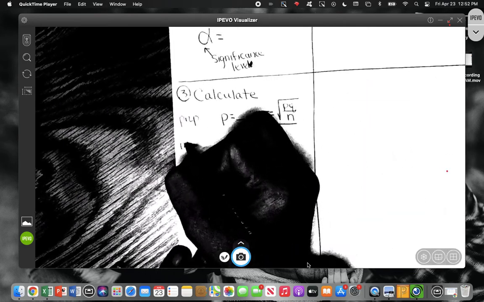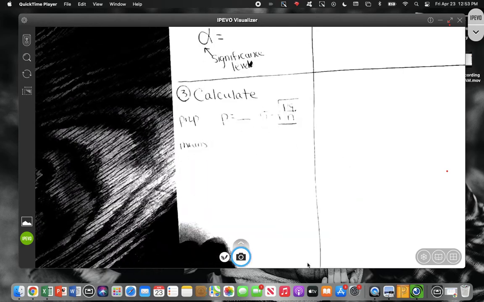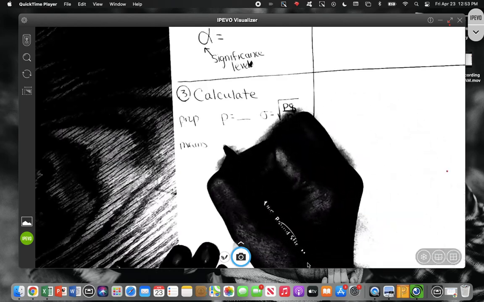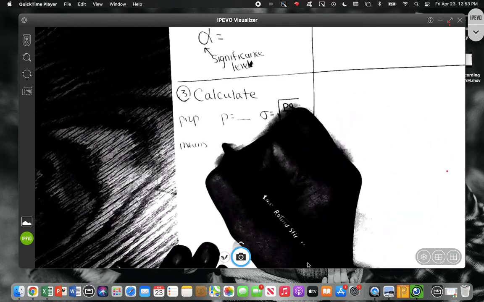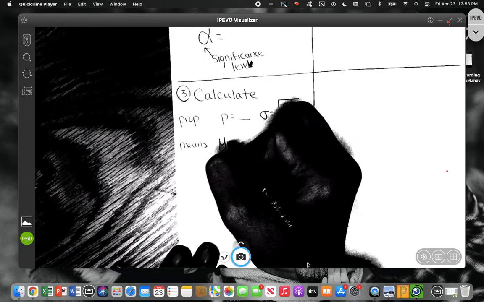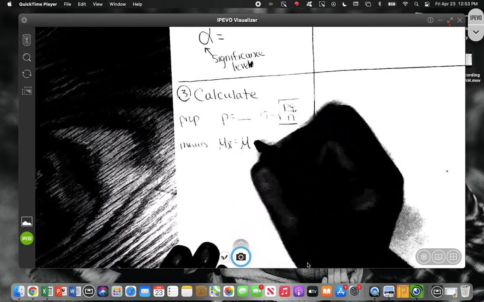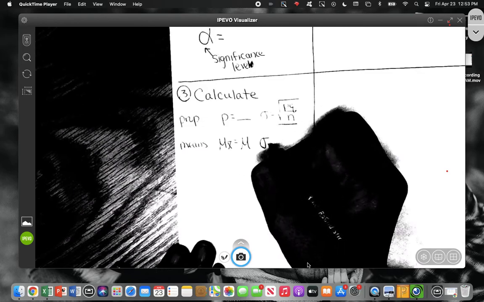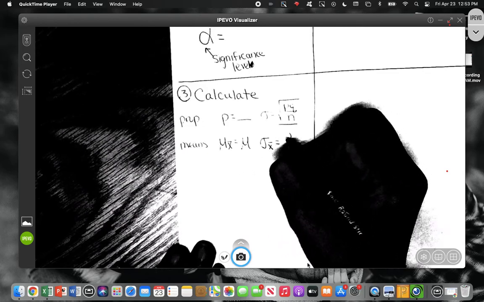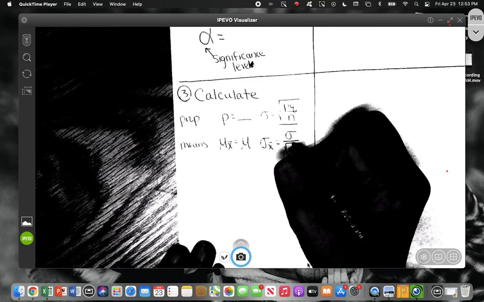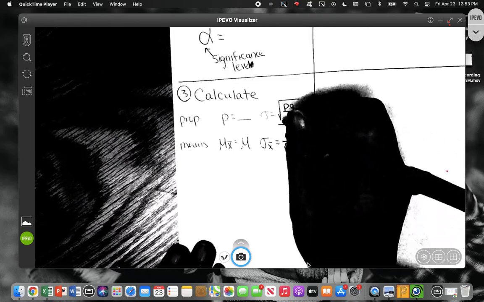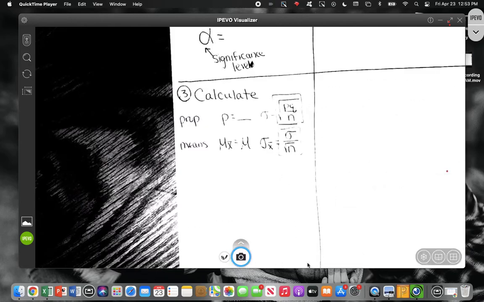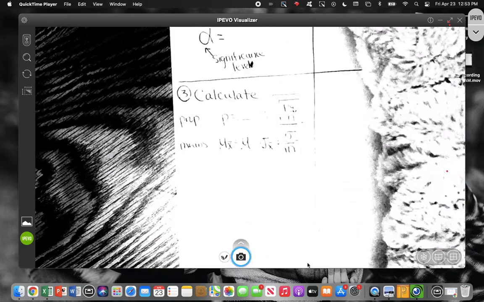Now, if it's means, the mean of our sample is the mean of the population. And then our standard deviation, we have to take the standard deviation and divide it by the square root of n. Those are the formulas that you will be given on your formula sheet, but this is just a cheat sheet for you, and I'll try to zoom in.